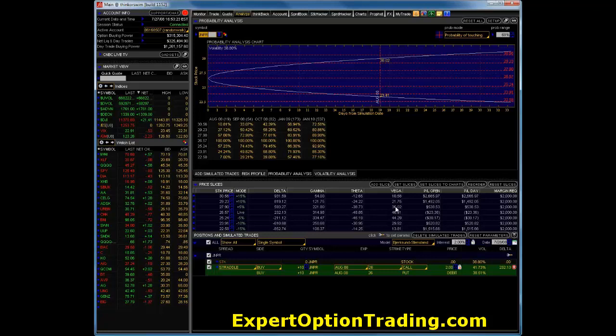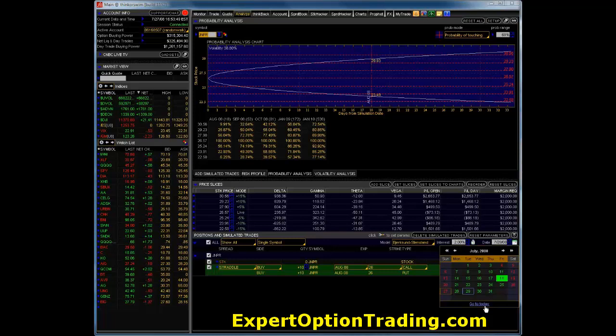Theta at $40.85 increases each day as time passes and decreases our profitability by the exact same amount. So each day that passes, theta is recalculated, and as long as the price does not move, we will lose that amount in theta for each day that passes. Let's go back to our current date.